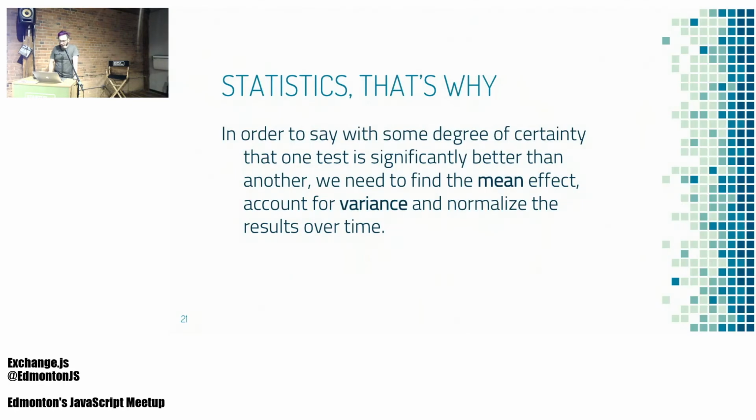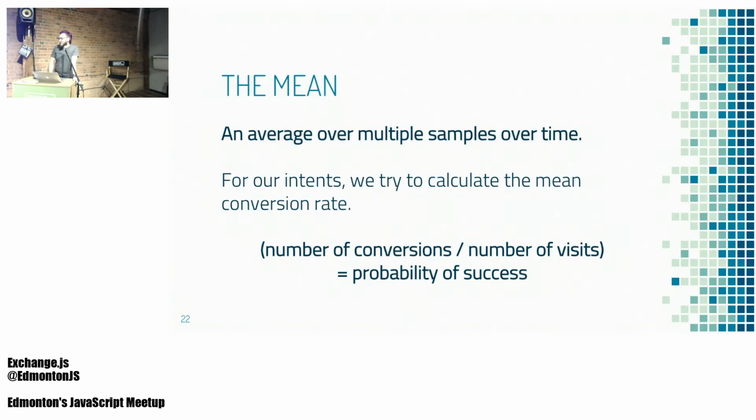The point of A/B testing, and this ties into why this works, is you need to deduce the mean effect of your conversion. So you want the increased rate of your conversions, you want the mean of that to go up and account for the variance over time. Let's try to explain that.